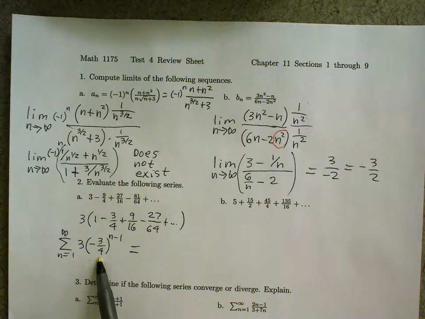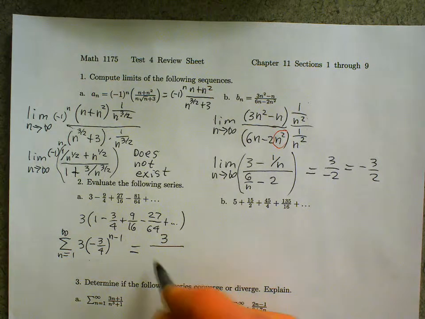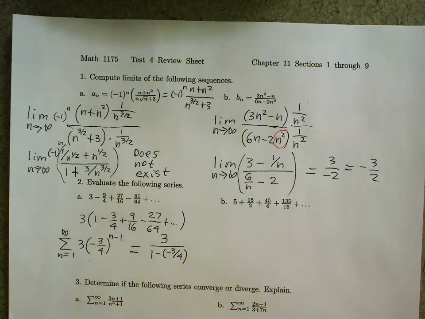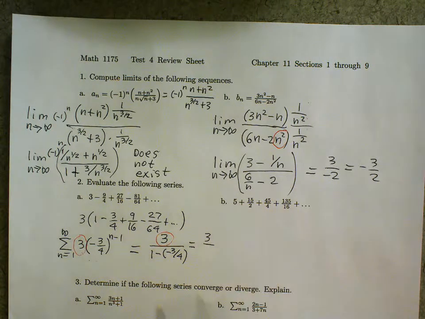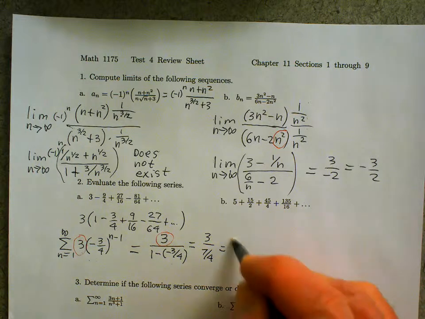And it's going to converge to 3 divided by 1 minus negative 3/4. So this 3 in the numerator is the same 3 that we're multiplying here. Okay, so when you do the arithmetic, 3 divided by 1 minus negative 3/4 is 1 plus 3/4, which is 7/4. And then that simplifies to 12/7.